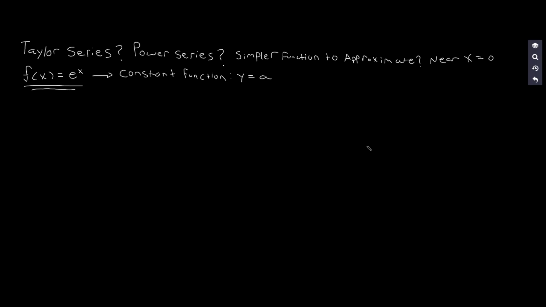But let's do y equals a so that y of 0 equals f of 0, which means that instead of e of x, we're going to have e of 0, and then that's going to equal 1, because anything raised to the power of 0 is 1.